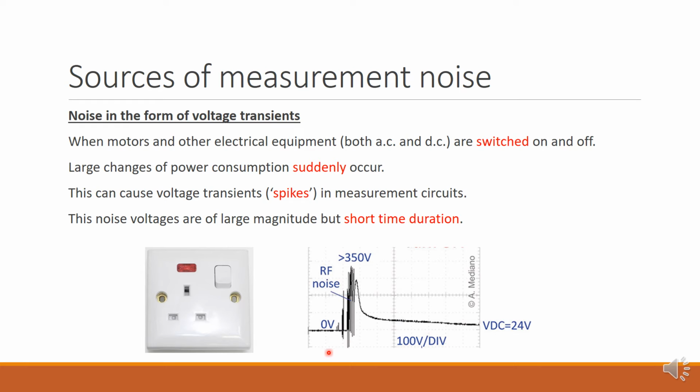As you can see, in current LED televisions nowadays there is already noise reduction for transients, but in the old generations of television, when you were watching and others in your family switched on the fan or something, it would interrupt your television image.